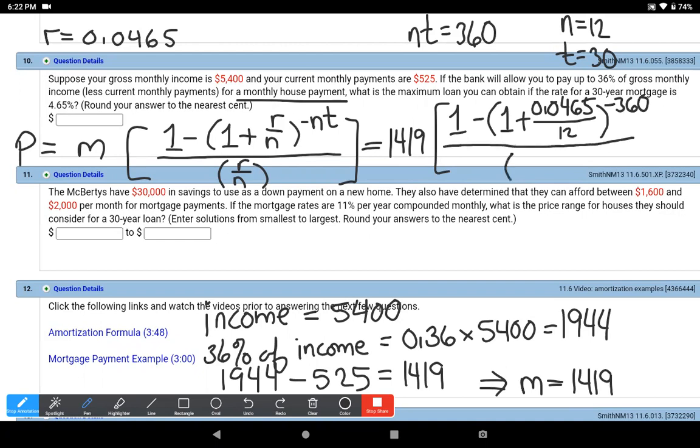Divide that numerator by the rate divided by N, and that will be the loan, right? That will be the loan amount that we can take out. Okay, so let's take a look.